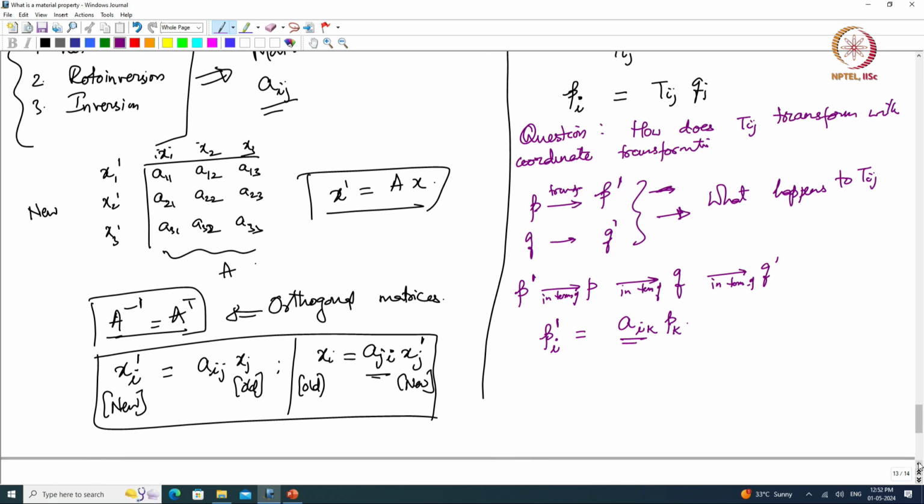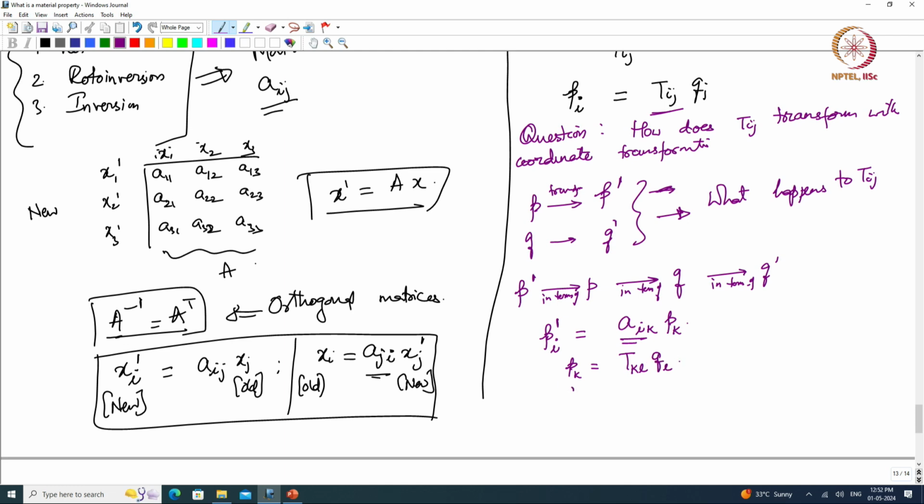Okay. Now, what is Pk itself in terms of Q? Now, P and Q are different, one is a cause, one is an effect. These are different quantities, but they are related by a material property, that is your tensor. So, Pk will be, from this equation here, Tkl times Ql.